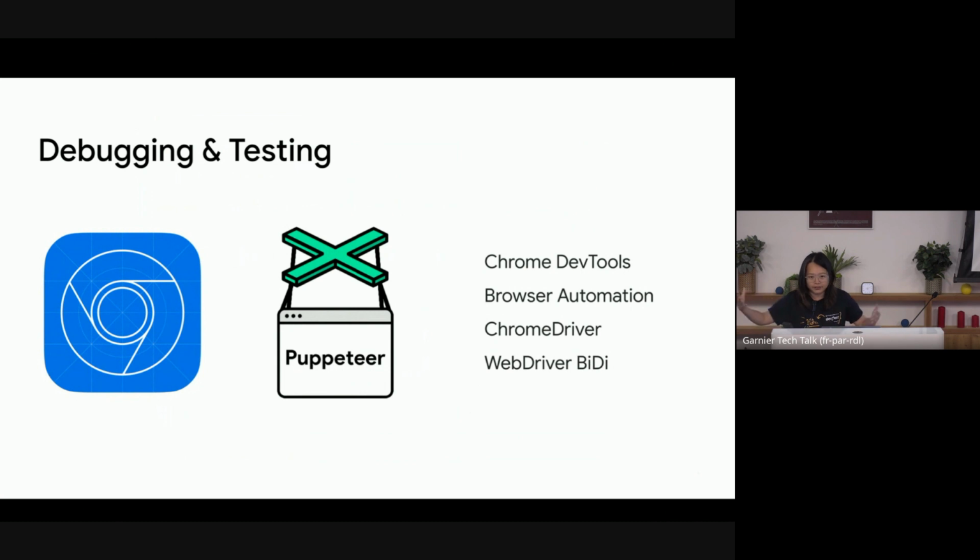But Puppeteer also falls under our team in Google, in Chrome. Also browser automation, like ChromeDriver and WebDriver BiDi. These are some of the projects that we currently have. So if you are using any of these and you have feedback, you can let me know, especially things that you want DevTools to fix, or something in Puppeteer you want to improve. Let me know.